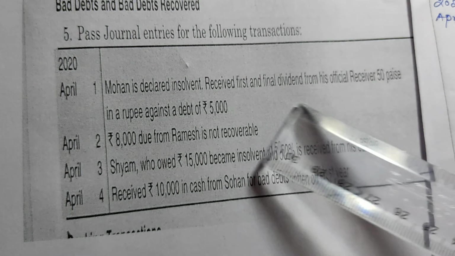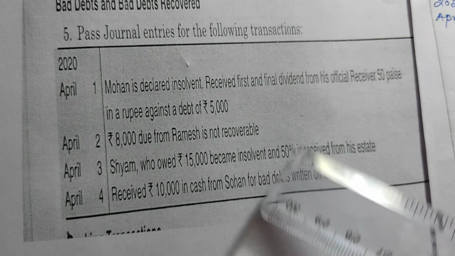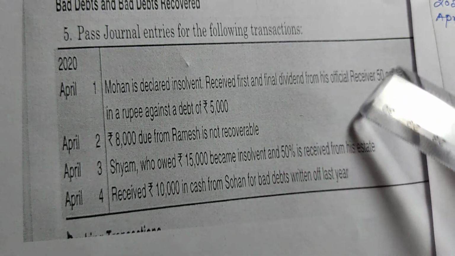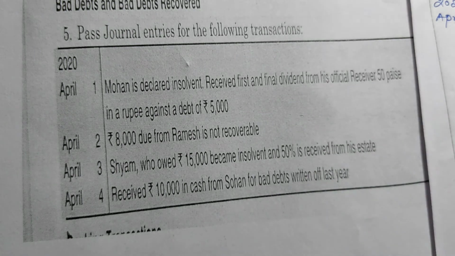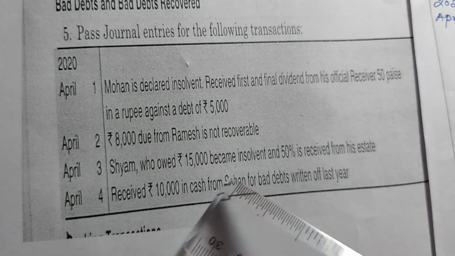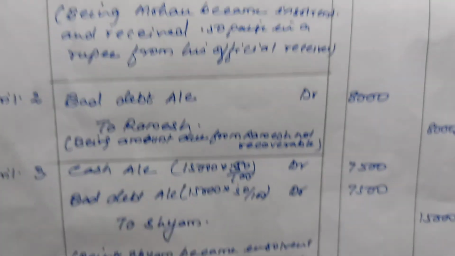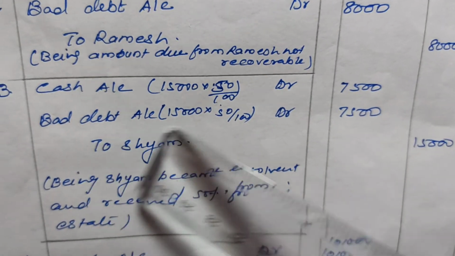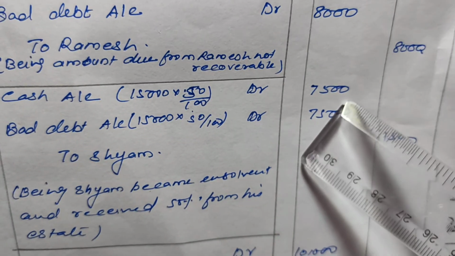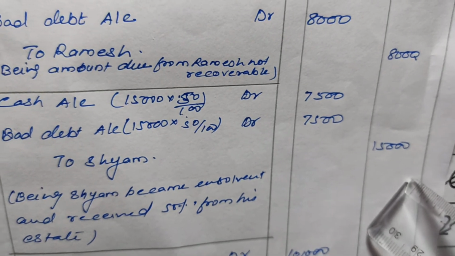Percentage is given, so we will calculate it by 100, and if in rupee it is given, we will consider 100 paise. Then bad debt also same, 15,000 into 50 upon 100. So our entry will be same here. What will be our entry? Cash account debit, bad debt account debit to Shyam 7,500, 7,500 and 15,000.